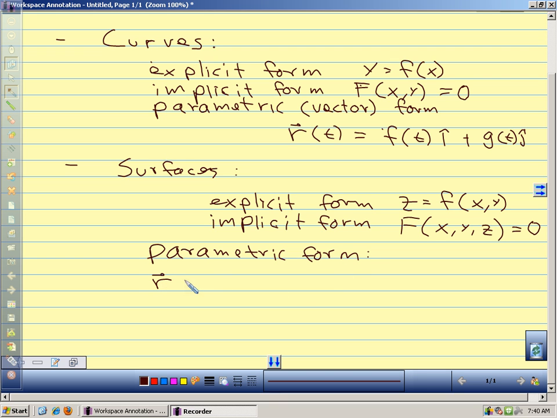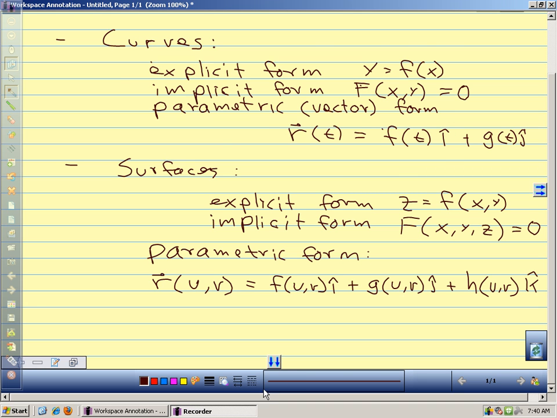So our parametric form of a surface, we use the variables u and v normally. r of u and v is some function of u and v i plus some other function of u and v j plus a third function k. So we have these component functions, and we turn it into a vector equation.